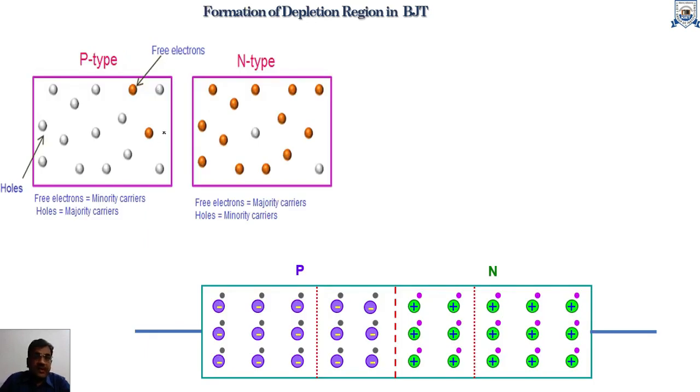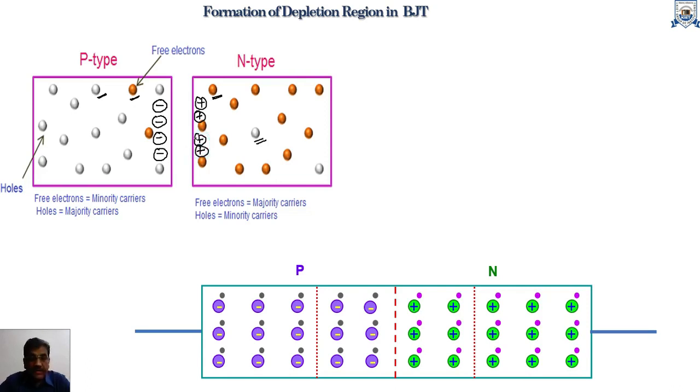From the concept of the PN junction diode, we know that in p-type semiconductors, holes are the majority charge carriers, electrons are the minority charge carriers, and negatively charged immobile ions are present in the p-type semiconductor crystal. However, in n-type semiconductors, electrons are the majority charge carriers, holes are the minority charge carriers, and positively charged immobile ions are present within the n-type crystal.